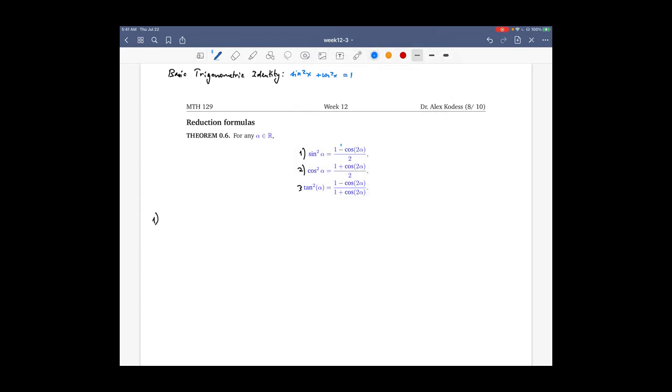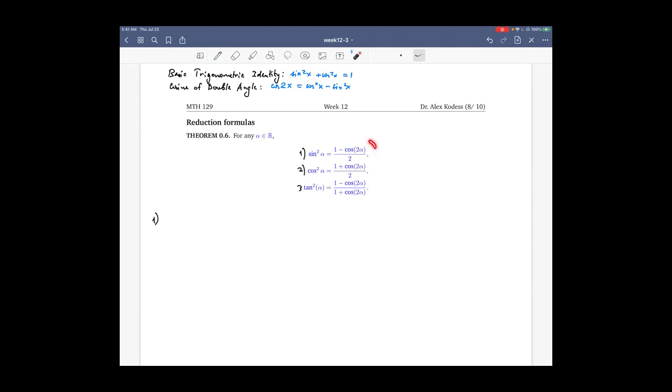And the other identity that we will use here is the one we just proved, cosine of a double angle, that cosine of 2x equals cosine squared x minus sine squared x.